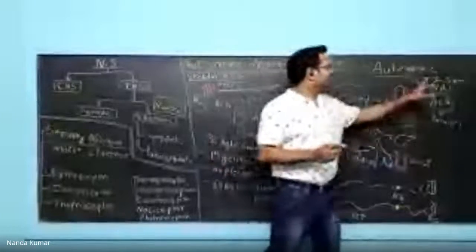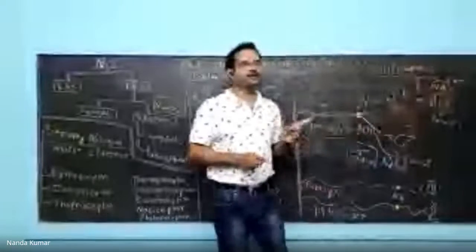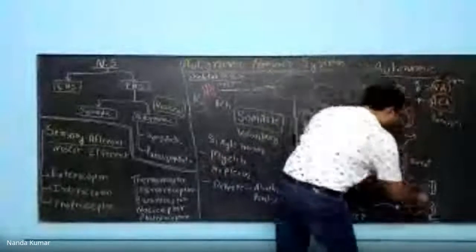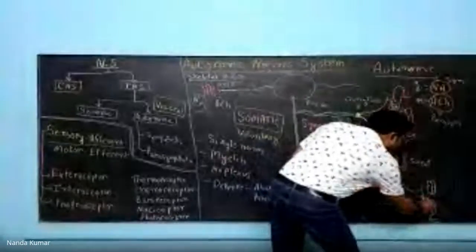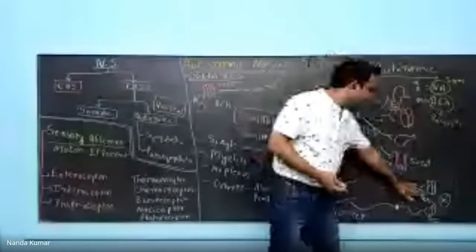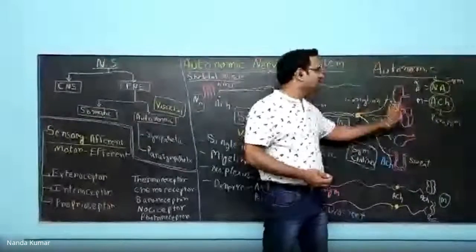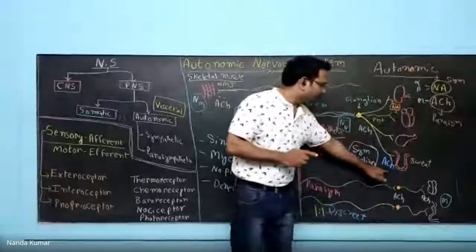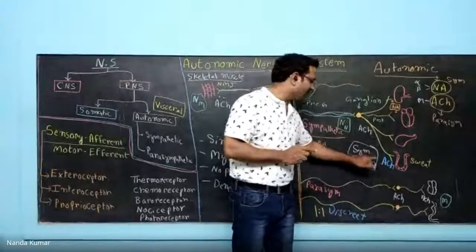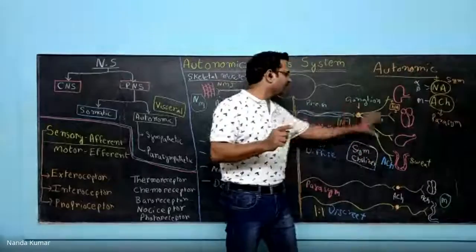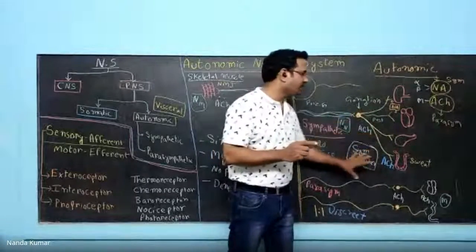So adrenergic and sympathetic are the same. Whereas at the parasympathetic postganglion, the neurotransmitter is acetylcholine, and the receptors are muscarinic receptors. Because they release acetylcholine, they are known as cholinergic. Because the sympathetic releases adrenaline and noradrenaline, it is known as adrenergic. The only exception is the sweat gland, which has sympathetic cholinergic stimulation, but it is still considered sympathetic because of anatomy. So this is the only difference.